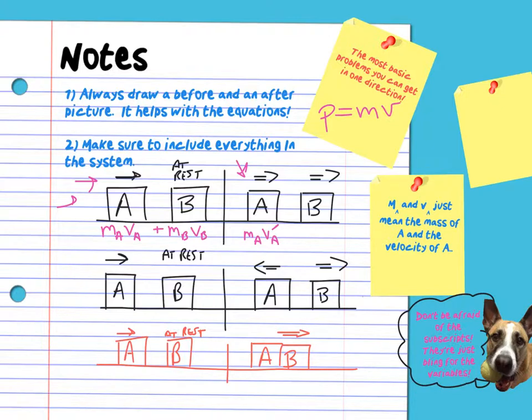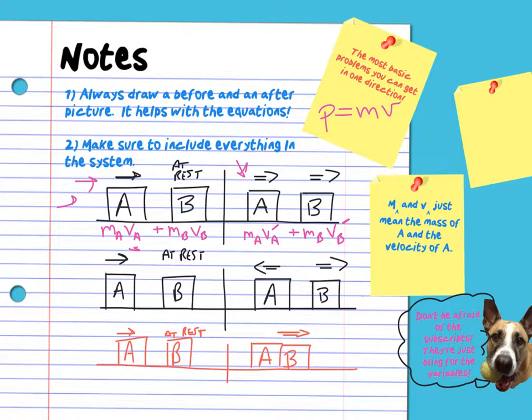That's just to mean that it's different, that VA is different than VA prime. VA is the velocity of A before the collision. VA prime is the velocity of A after the collision. And we are going to add the momentum of box B along with it, and we don't want to forget our prime.